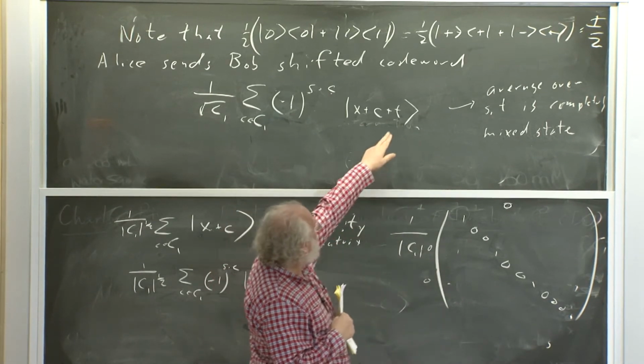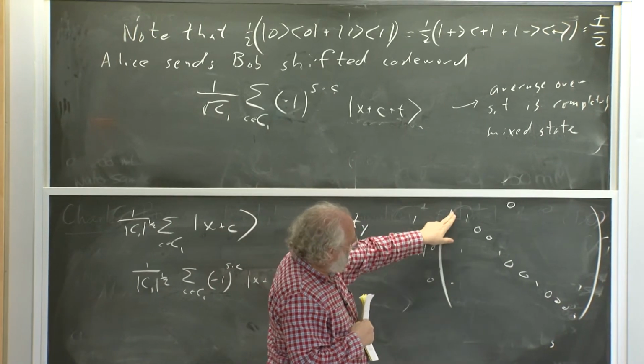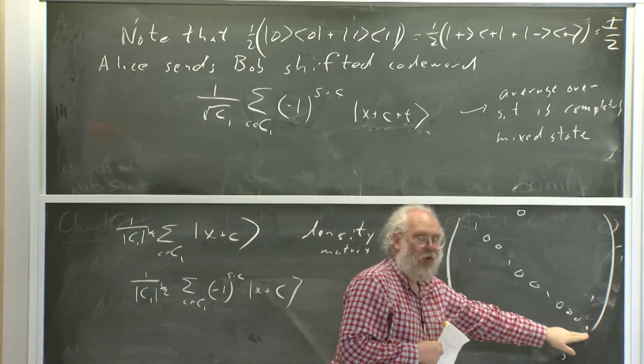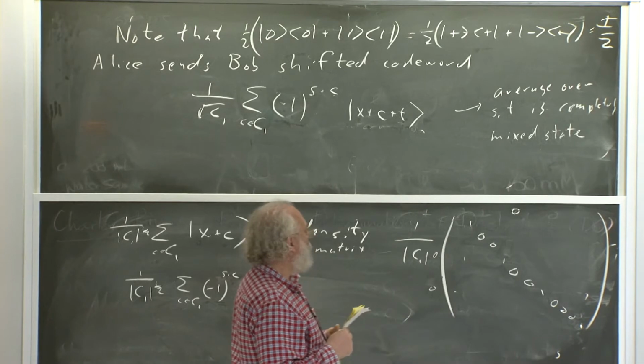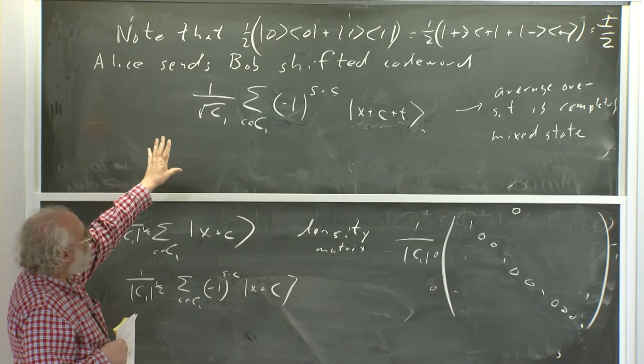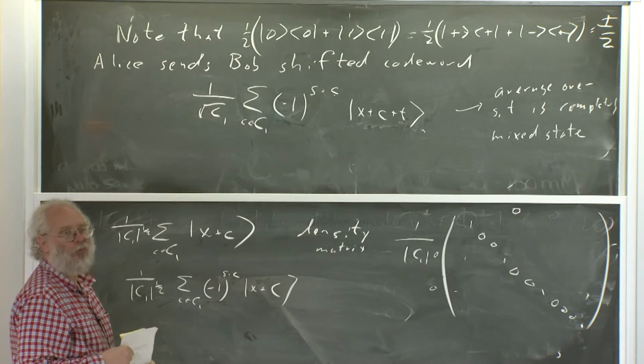And now you average over all the T's, that covers all the diagonal elements equally often, and so you get the completely mixed state. So this average over S and T is a completely mixed state.